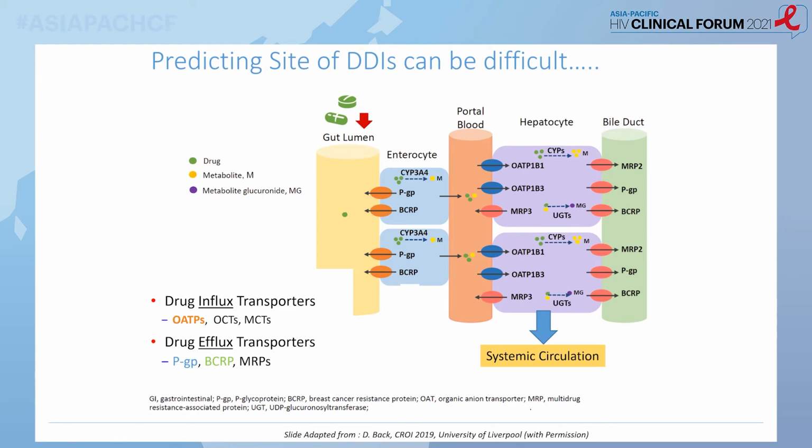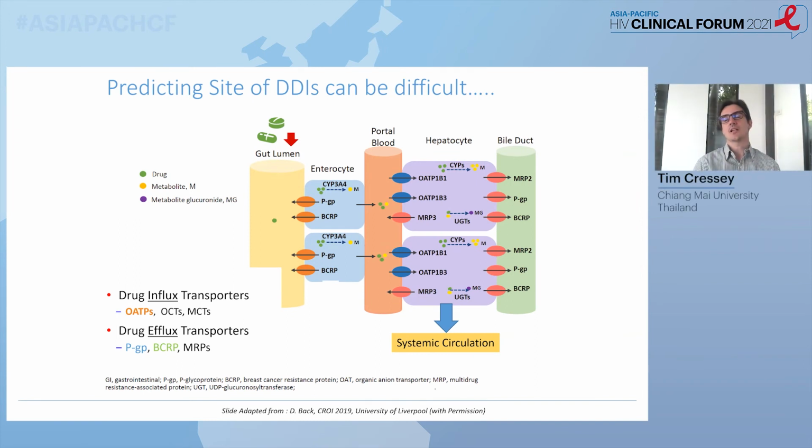We don't expect everyone to remember all of these different names, which one is an efflux transporter, which one is an influx transporter, and what their role is. But the concept I want to highlight is that in addition to enzyme induction, even for a drug that is not metabolized in the liver by cytochrome enzymes or UGTs, there can still be drug-drug interactions, and this is primarily driven through drug transporters.